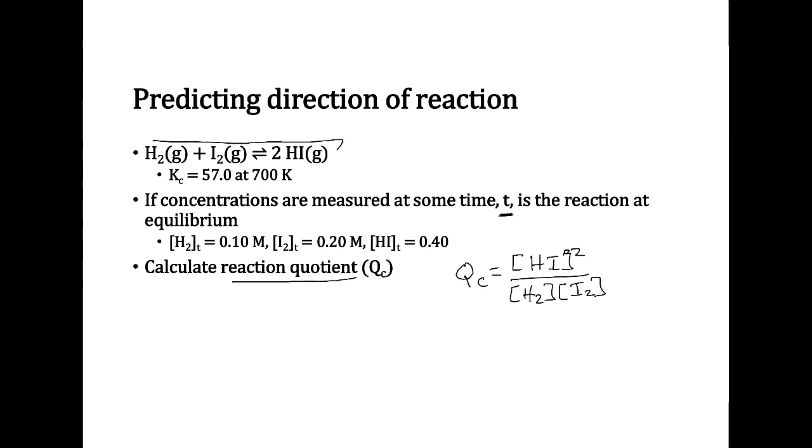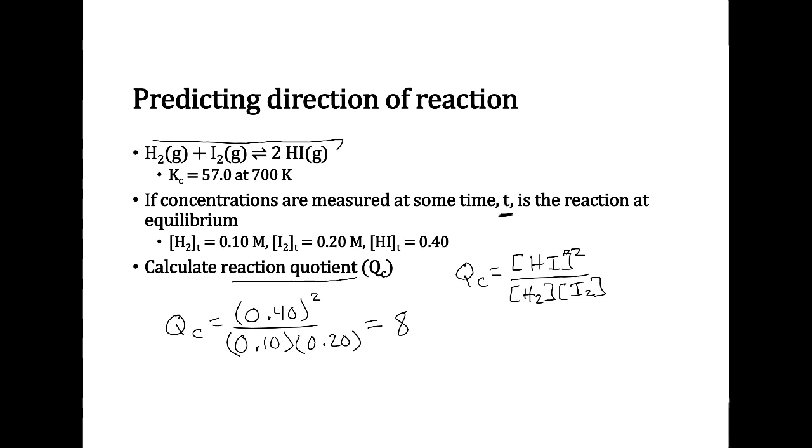So what we're going to do is plug in our concentrations at some time t. So we'll have QC is equal to the concentration of HI, which is 0.40, squared, divided by the concentration of H2 times the concentration of I2. Whenever we plug that in, we should get that the QC value is 8.